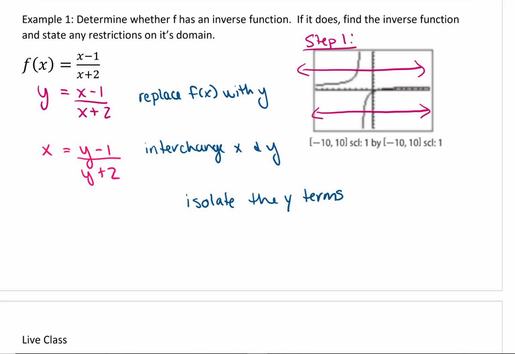The next step says we need to isolate the y terms. So I'm going to multiply both sides by y plus 2. And I want to collect y's together on one side, so I'm going to subtract y from each side.